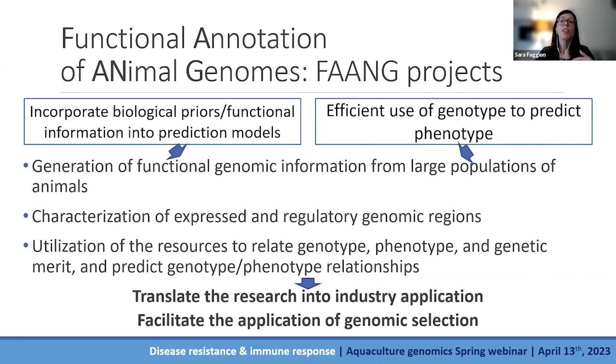And at the end, all the obtained resources will be used to relate genotype, phenotype, and genetic merit, and predict genotype-phenotype relationships. This means that we can translate the research efforts into application, and we can promote the implementation of genomic selection in the aquaculture industry. So we can facilitate the application of genomic selection.